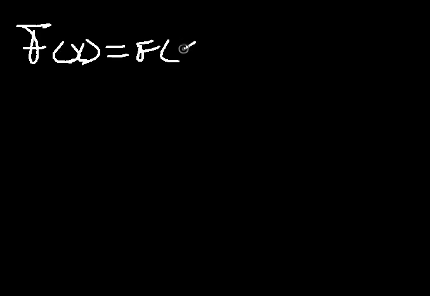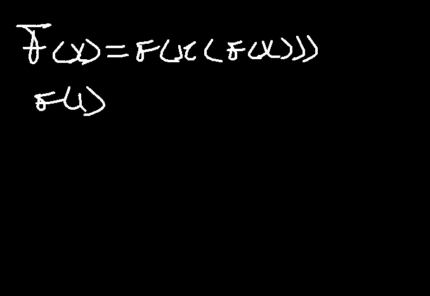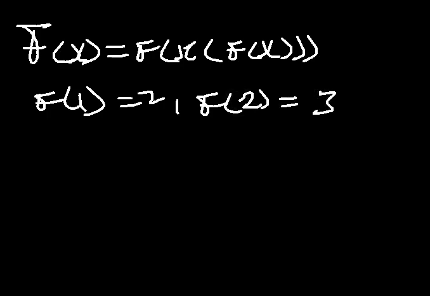Let's say we have the capital F of x, being given as the small letter f of x, by the way. And now where f of 1 is given as 2, and now we have f of 2 given as 3.